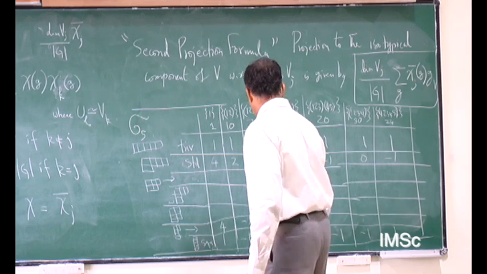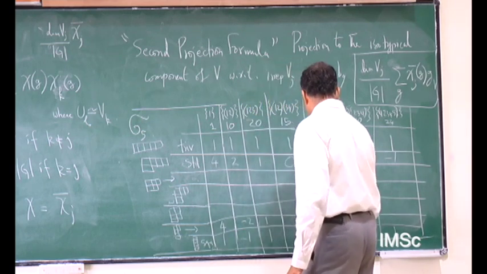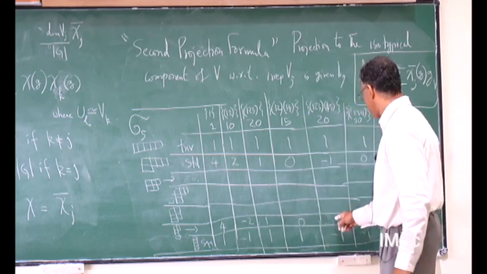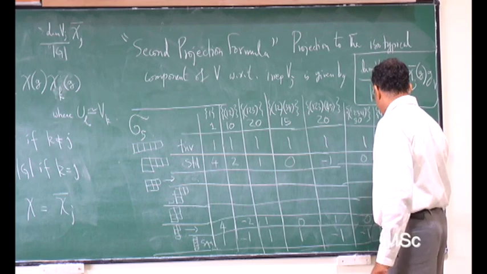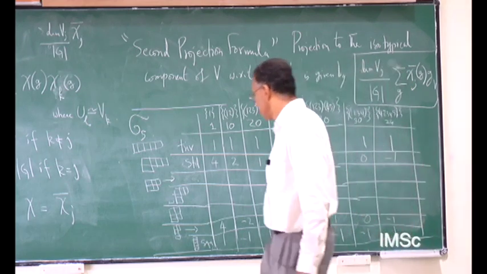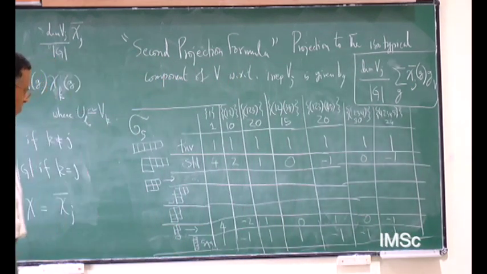1, 0. Tell me please. 1, 0. 3 are left. Okay, what do we do about that?